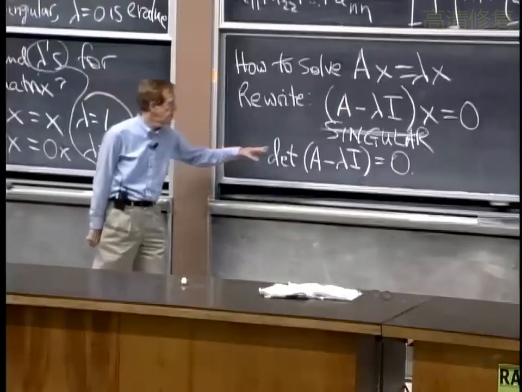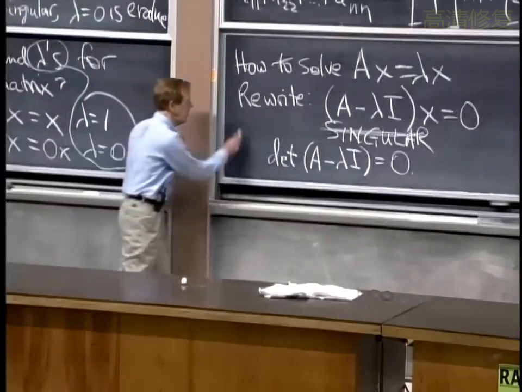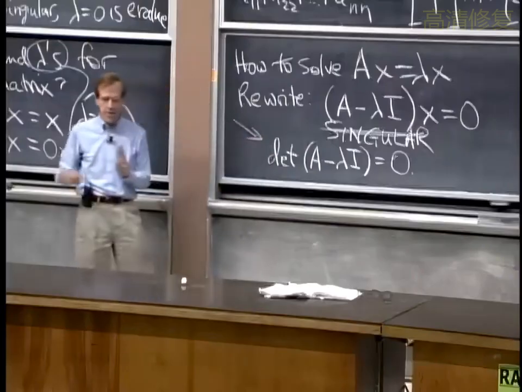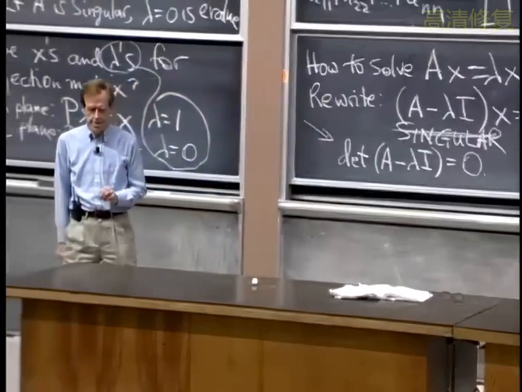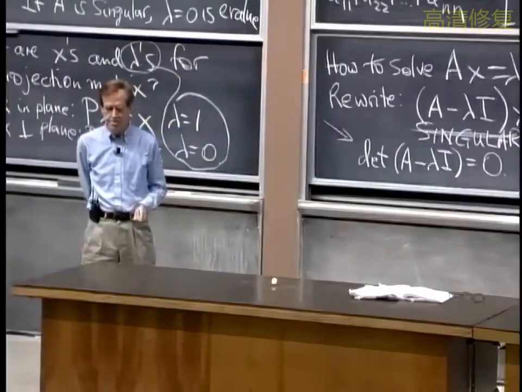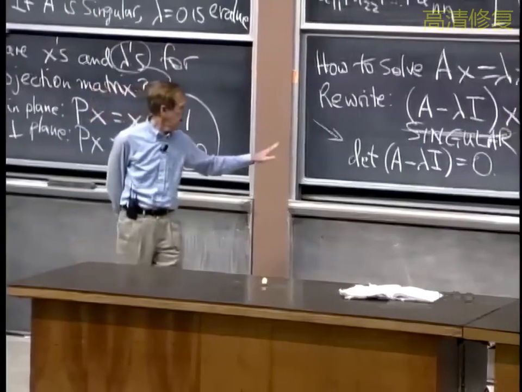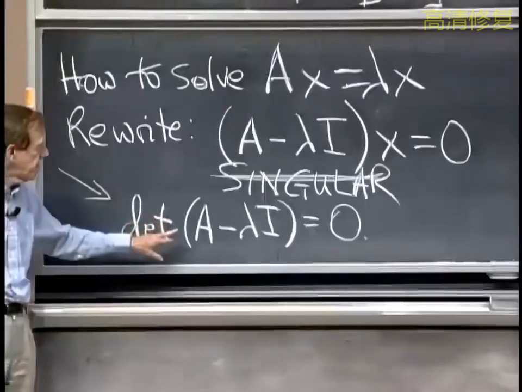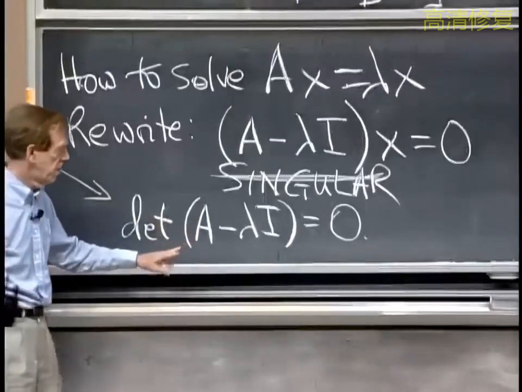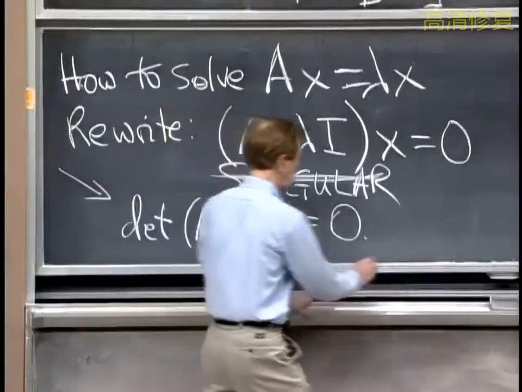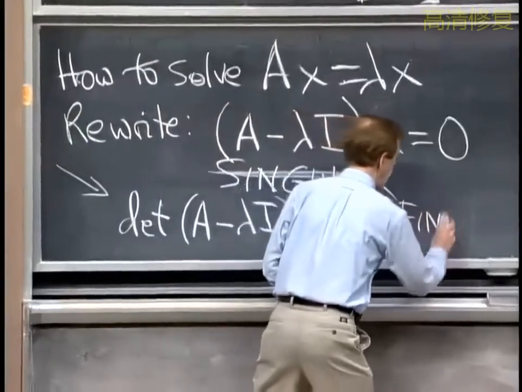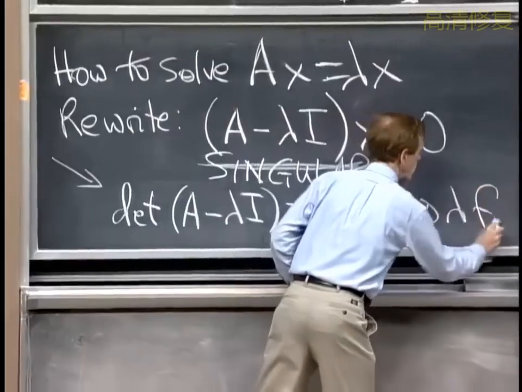I've got an equation for lambda, the key equation. It's called the characteristic equation, or the eigenvalue equation. And in other words, I'm now in a position to find lambda first. So the idea will be to find lambda first.